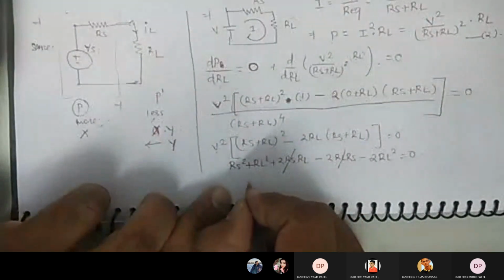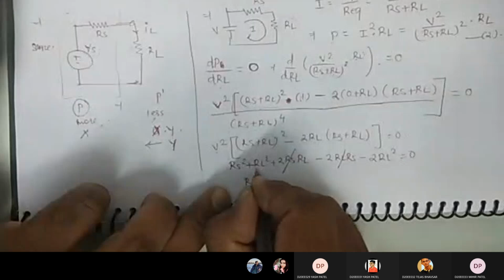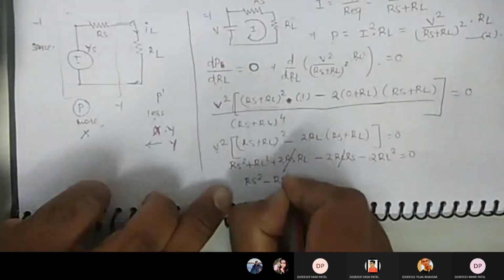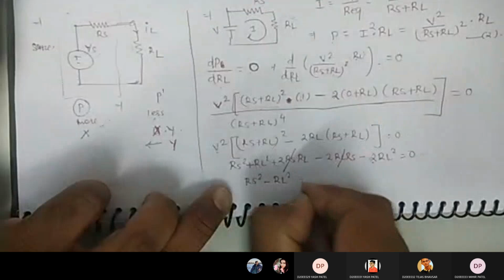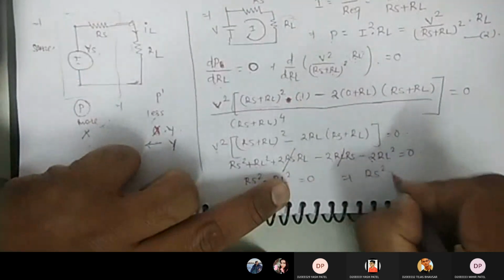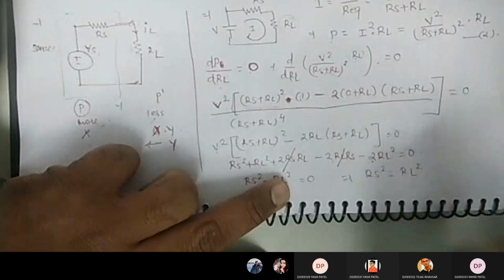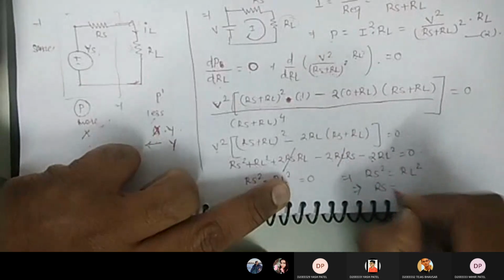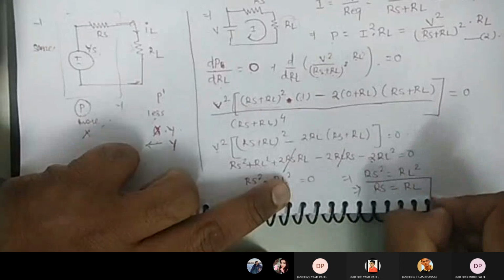Again you have RS square plus RL square minus 2RL square, so it will be minus RL square. That means RS square is equal to RL square. The square on both sides I am going to remove, so RS is equal to RL.